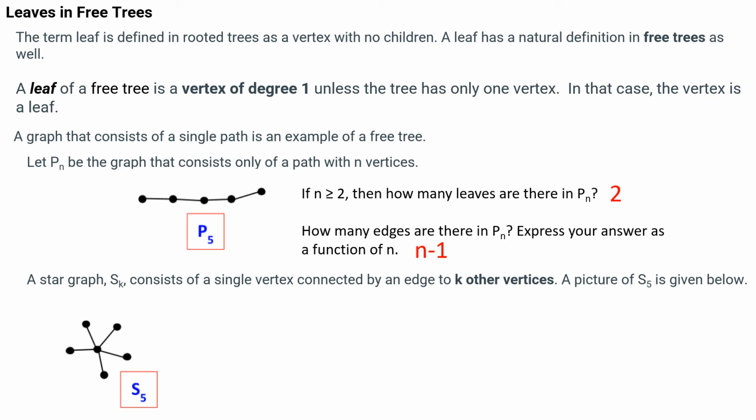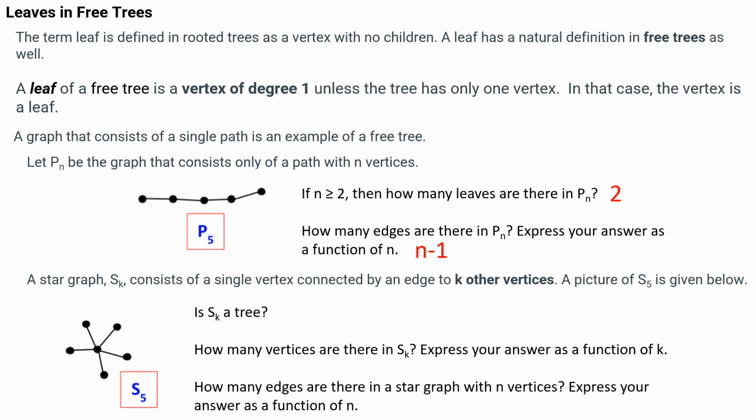If I had a vertex with 10 vertices around and that middle vertex is connected to all 10 of those, that would give me one extra vertex. So if I have an S10, it's going to actually have 11 vertices.